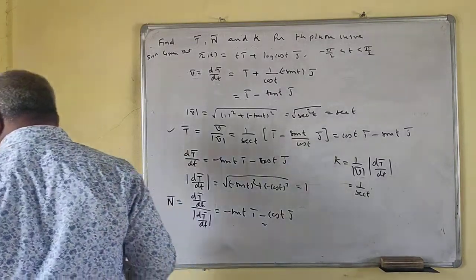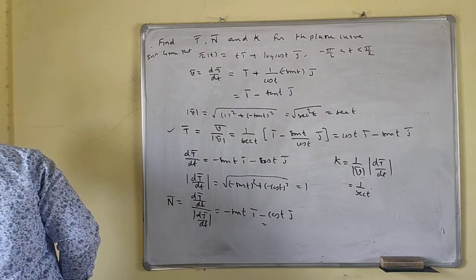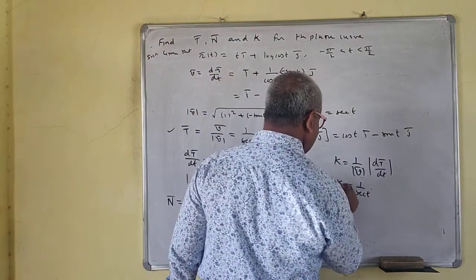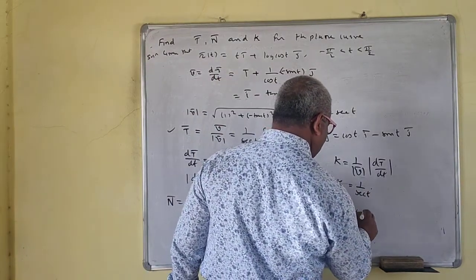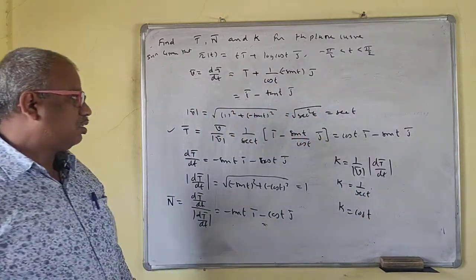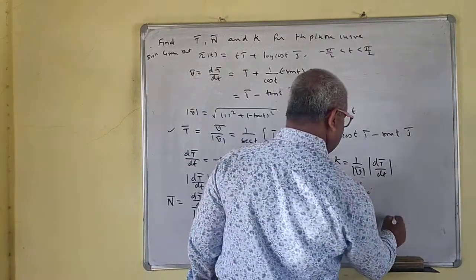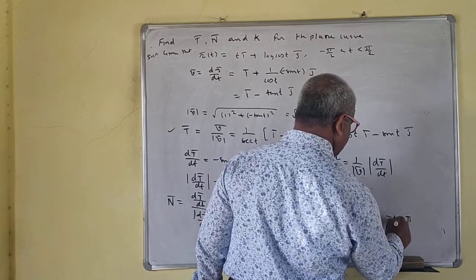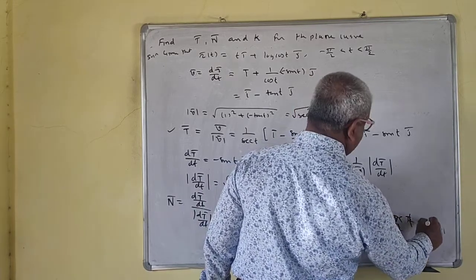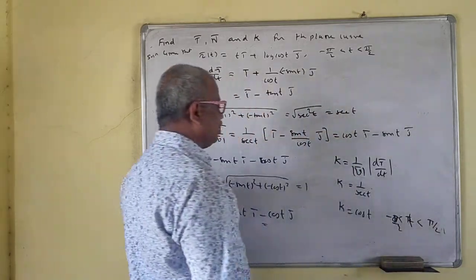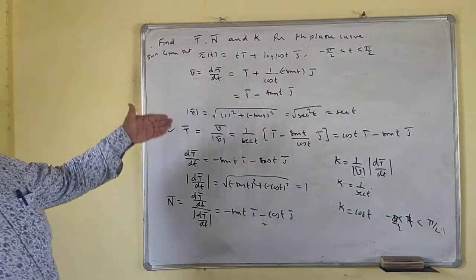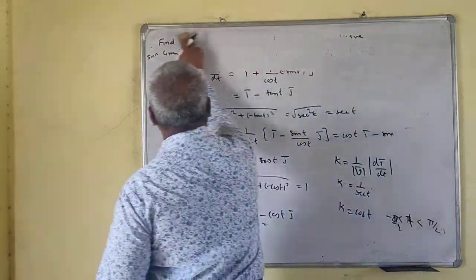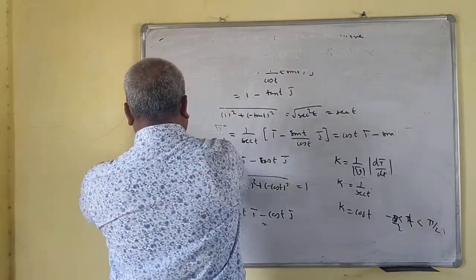So this is 1 upon sec t, so K is equal to cos t. This is for t in the given interval, minus pi by 2 less than t less than pi by 2. This is very simple; you should just know the formulas.